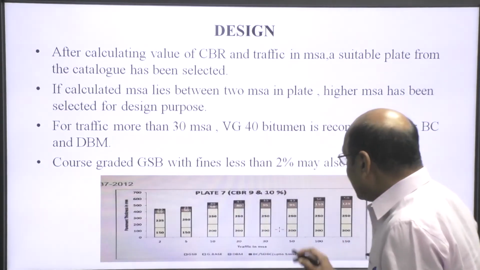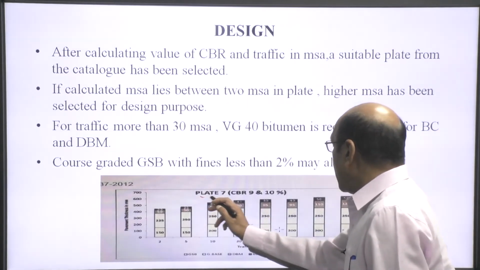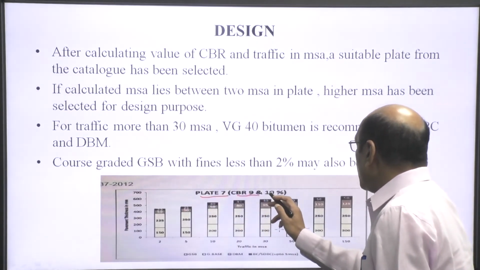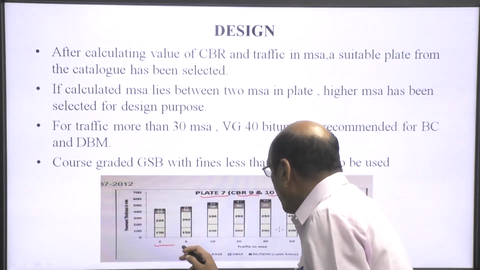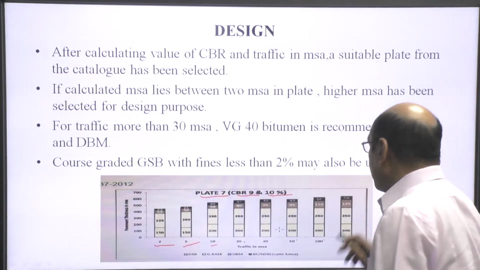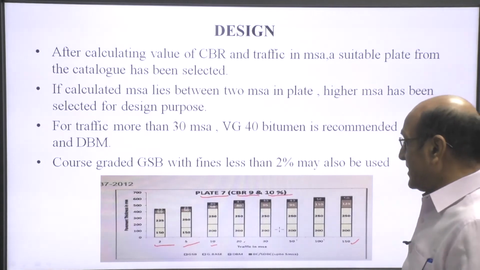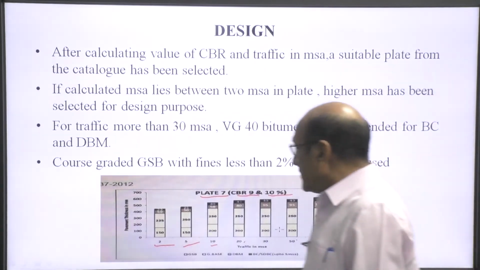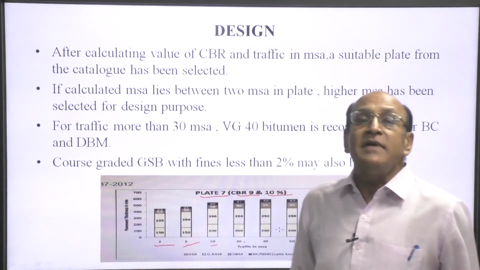So, see here, this is a catalog, and I have just chosen plate number 7 having CBR 9 to 10%, and this is the MSA 2, 5, 10, 20, 30, 50, 100 and 150. This is the MSA, means traffic in cumulative number, and on the y axis the pavement thickness is given in millimeter.